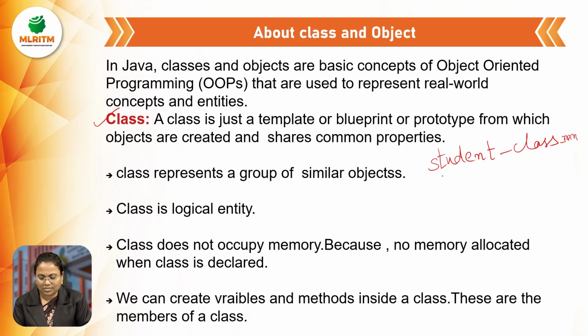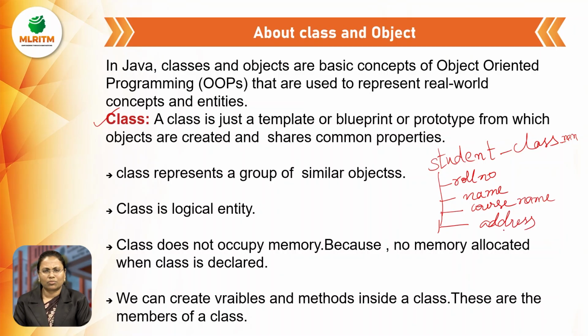A student must have his or her roll number, name, and the course which he is studying, the course name, and a student should have address, email ID, phone number, and so on. All these are the basic properties of a student.